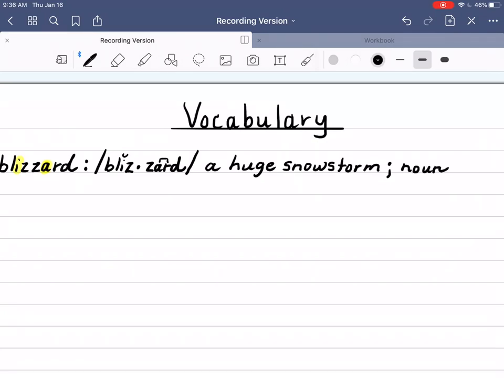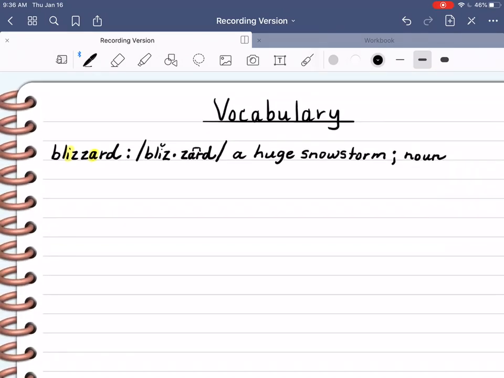Nouns are persons, places, things. So a blizzard is a noun. And let's do a little bit of annotating here. There is the vocabulary word. So blizzard is your vocabulary word. Let's underline that one.